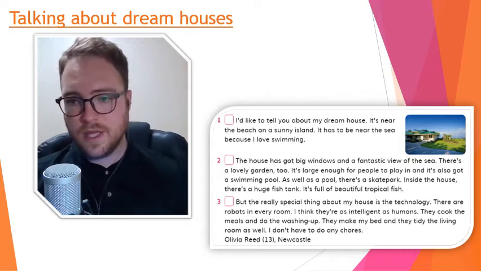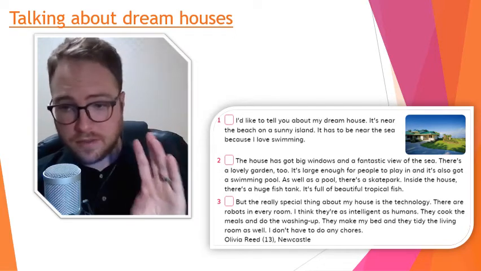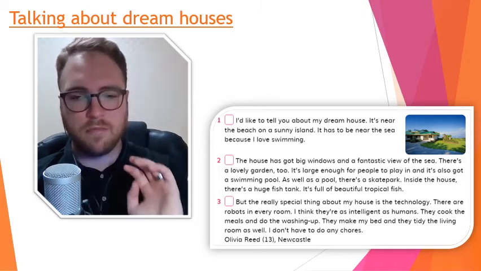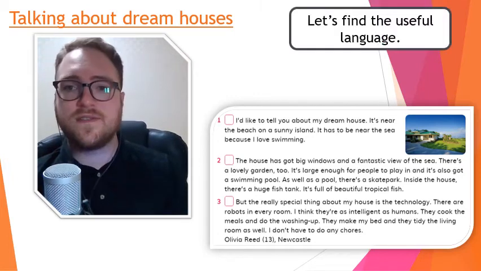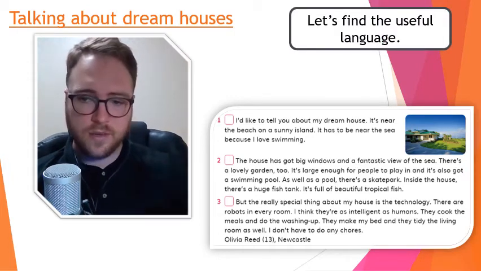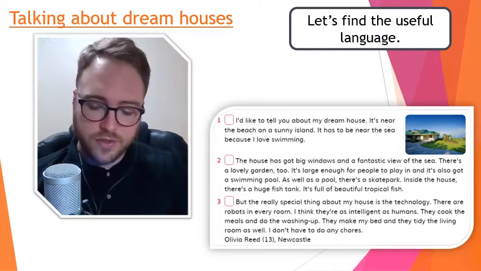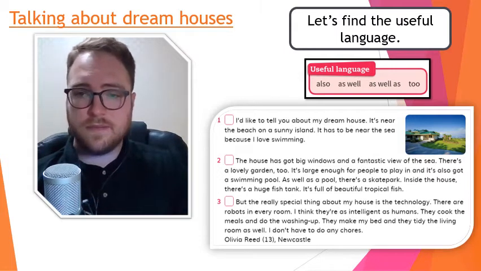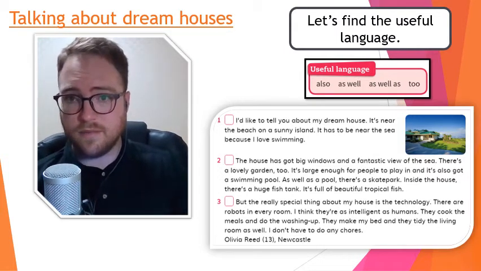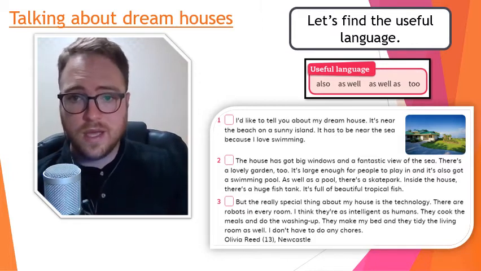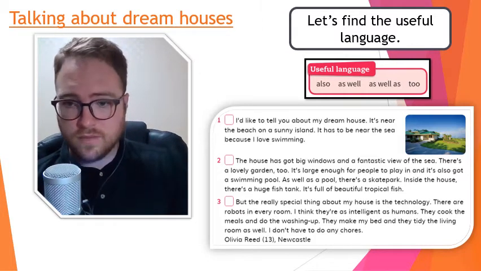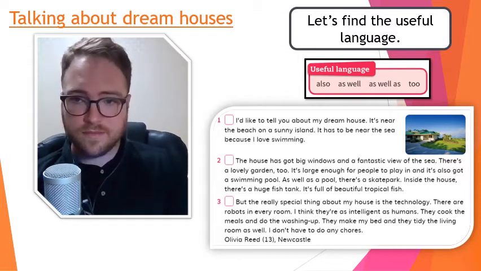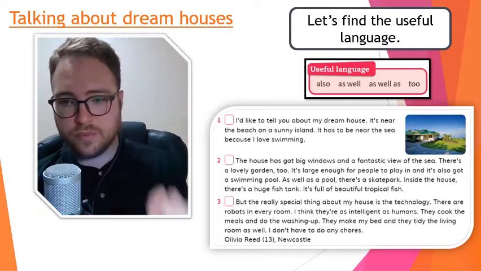All right, so these 3 paragraphs are the same paragraphs. I know that it looks a little bit different, but it's the same. Let's find the useful language. Your book shows you this box, and there's 4 things in here that I think are very useful: the words also, as well, and to.